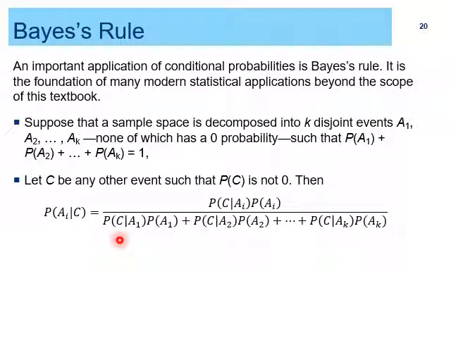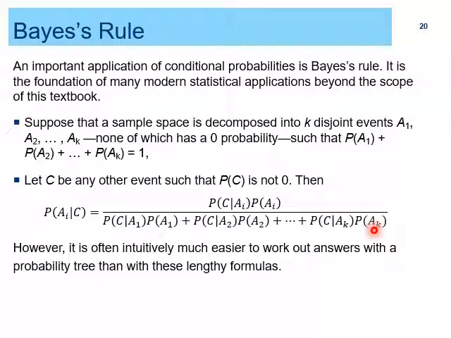So what we will do: P(C given A1) multiplied by P(A1) plus P(C given A2) P(A2), and we'll go till P(AK). However, it is often intuitively much easier to work out answers with a probability tree than with these lengthy formulas. So we saw how tree diagrams are much easier than doing it by the formula.